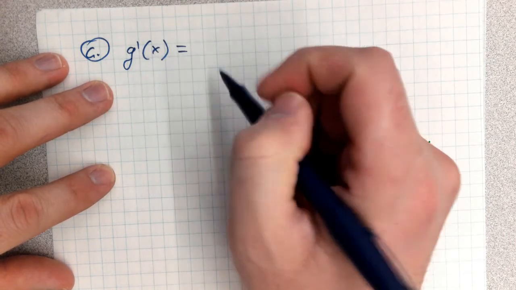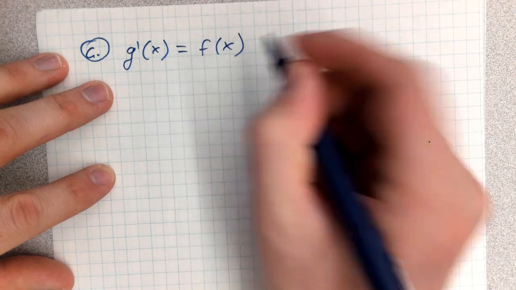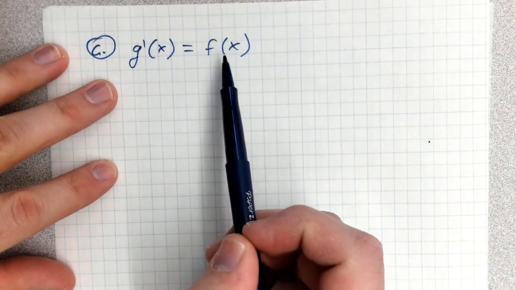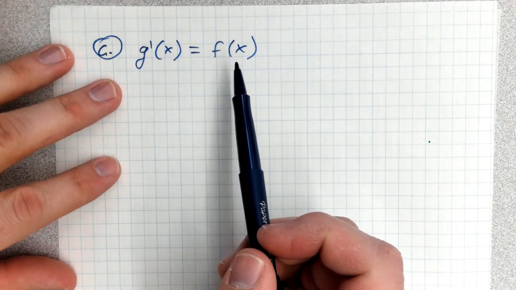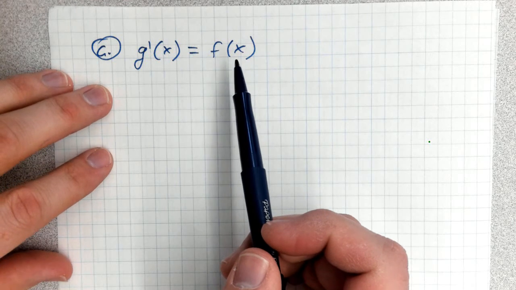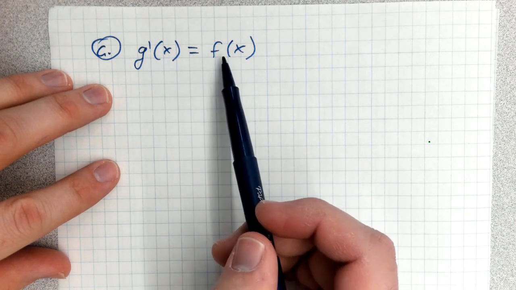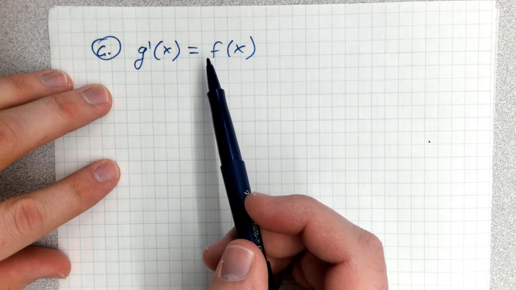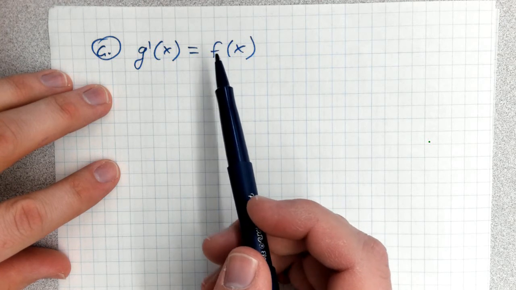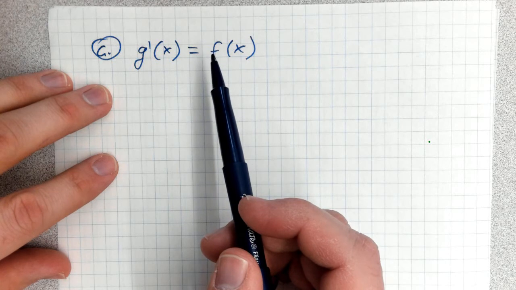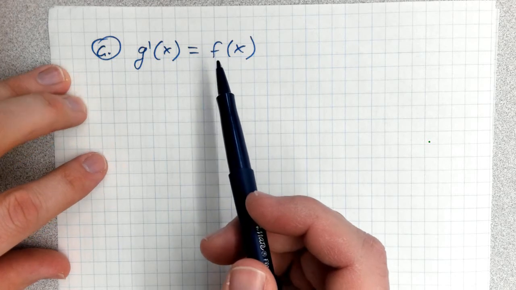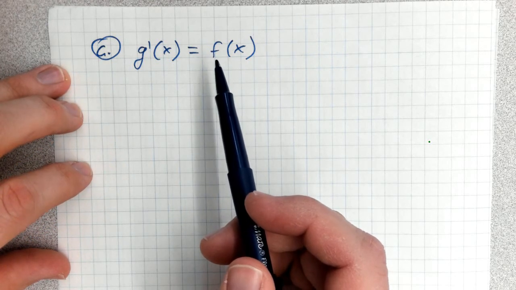So g prime of x is equal to f of x. So if I look at f of x and I find the zeros of f of x, those are potential extrema of g, and it would be a minimum if the original function went from decreasing to increasing. In other words, if the derivative went from negative to positive.